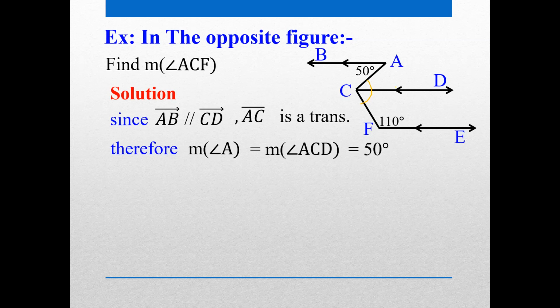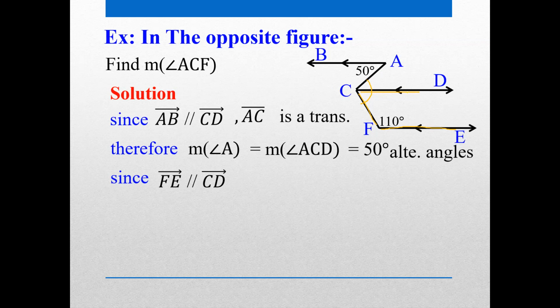And since CD is parallel to FE, this line parallel to this line, and we have a given, it's angle F. What is the relation between angle F and angle DCF? In the form of the letter U, so the two angles are interior angles. Their sum is 180 degrees.